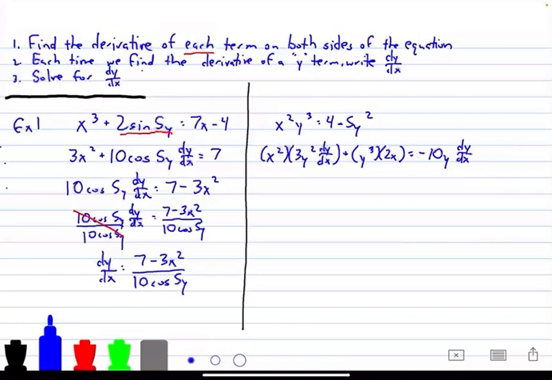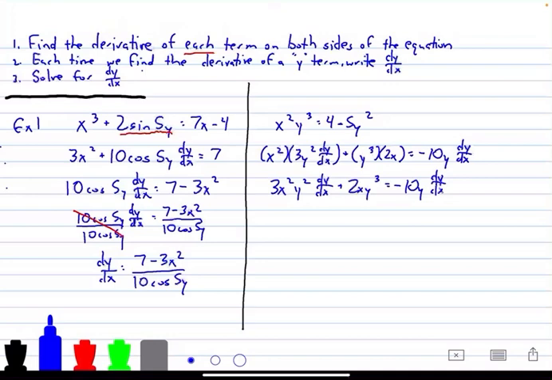So, of course, x squared times 3y squared, we want to bring our coefficient out front. So that's 3x squared y squared dy dx plus 2x y cubed is equal to negative 10y dy dx.